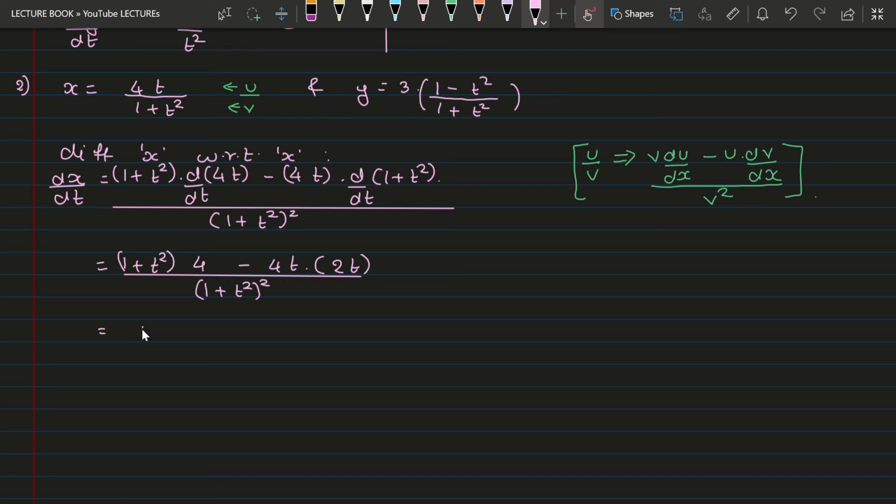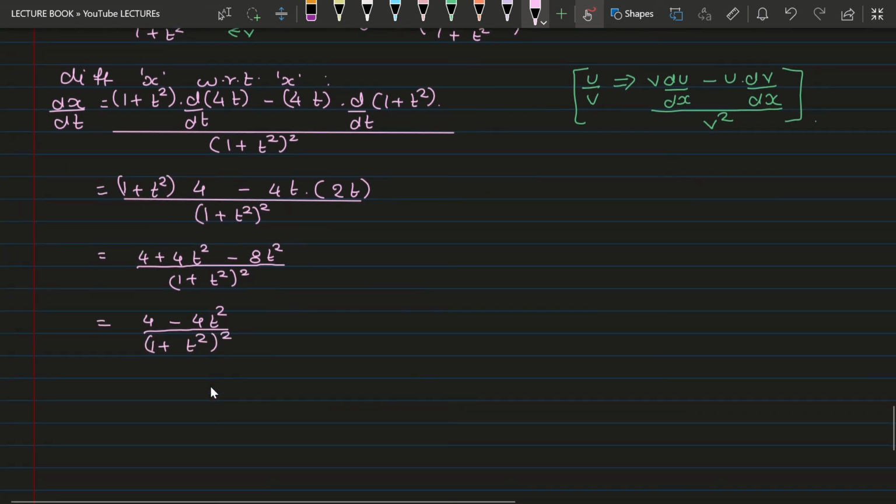Open the bracket. So it is 4 plus 4t square minus 8t square divided by 1 plus t square the whole square. 4t square minus 8t square is 4 minus 4t square, and this is equal to that over 1 plus t square the whole square.